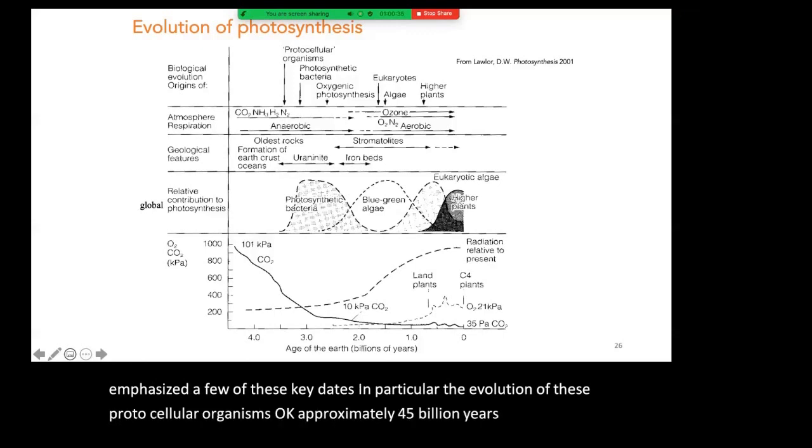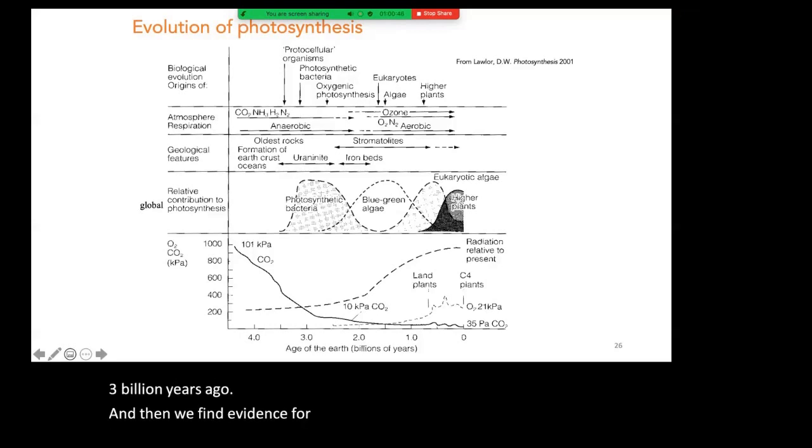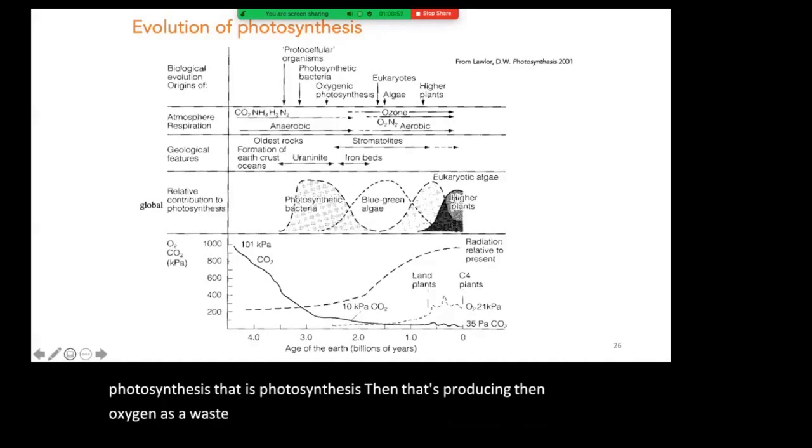But we also get the evolution of photosynthetic bacteria approximately 3 billion years ago, okay? And then we find evidence for the evolution of oxygenic photosynthesis, that is photosynthesis producing oxygen as a waste product. That comes along approximately 2.5 billion years ago.